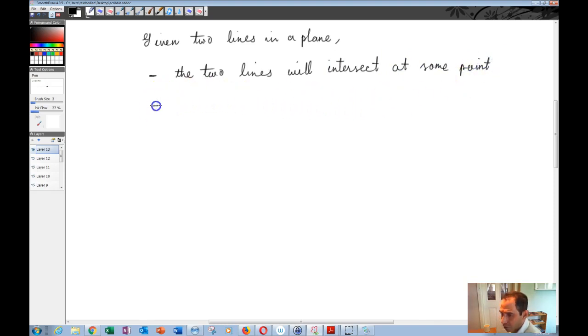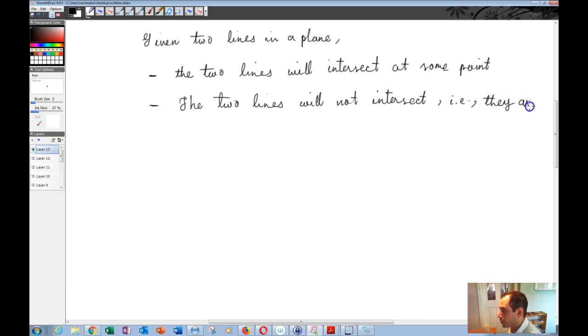Or the two lines will not intersect, which basically means that they are parallel.